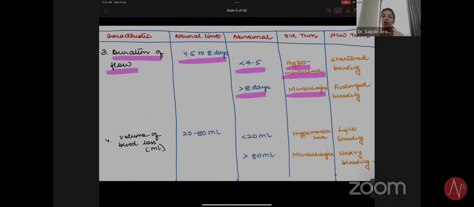Hypomenorrhea and menorrhagia are older terms. तो अगर किसी को bleeding less than 4.5 days हो रही है, now we use the term shortened bleeding. अब बहुत easy terms use करते हैं. And अगर किसी को bleeding more than 8 days हो रही है, we do not say menorrhagia, now we say prolonged bleeding.